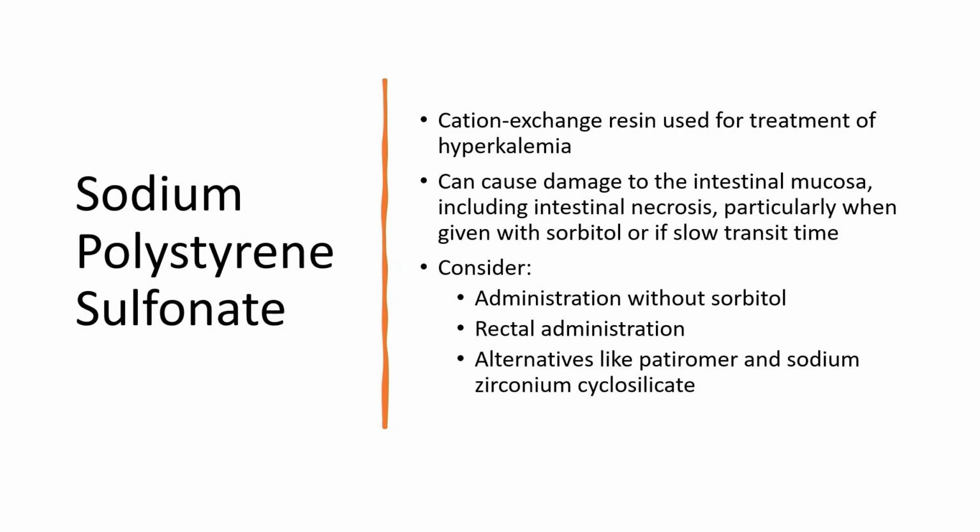Another option would be an enema, so that prevents that colonic exposure, but it still works really well to get rid of the potassium. And then the newer potassium binders don't have reports of any intestinal necrosis or mucosal damage, so that would be a good alternative if the cost is not prohibitive.